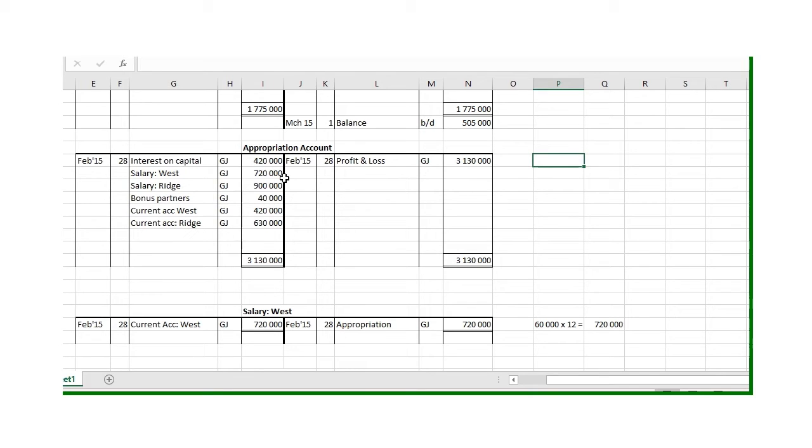That would be 420,000 plus 720,000 plus 900,000 plus 40,000. Let's quickly do it: 420 plus 720 plus 900 plus 40.